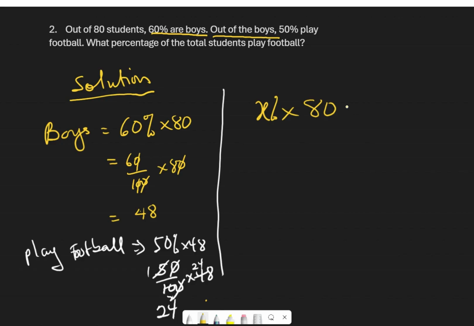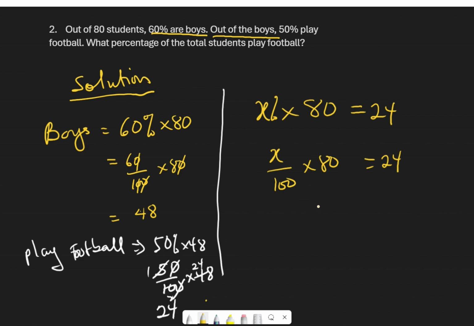And how many have you realized plays football? 24. Let's solve this. We have X over 100 times 80 equal to 24.